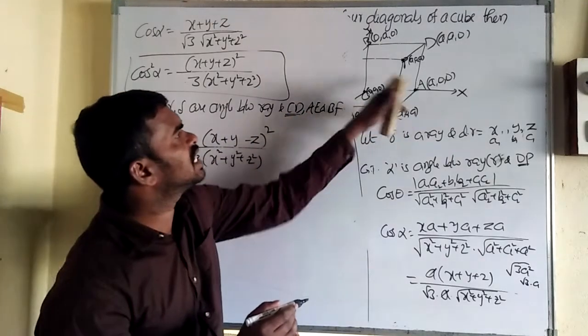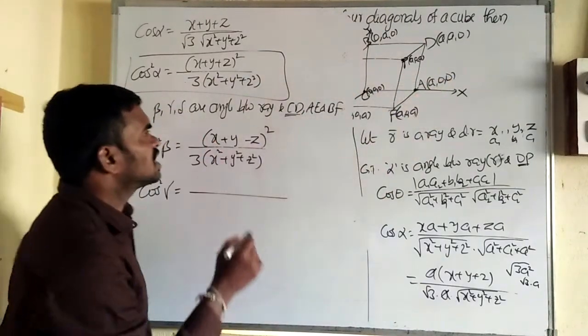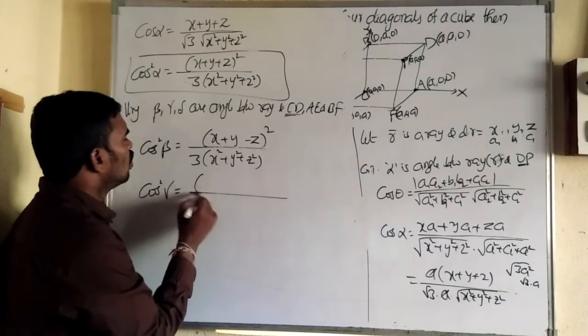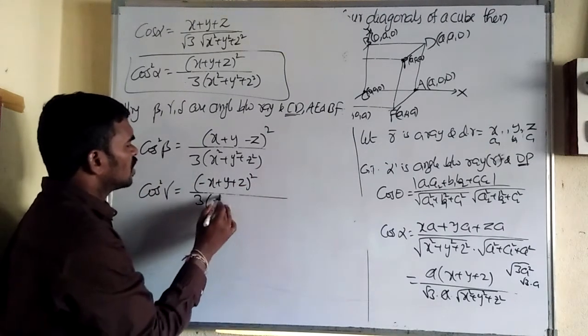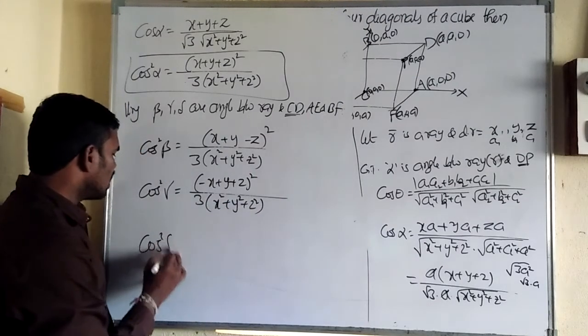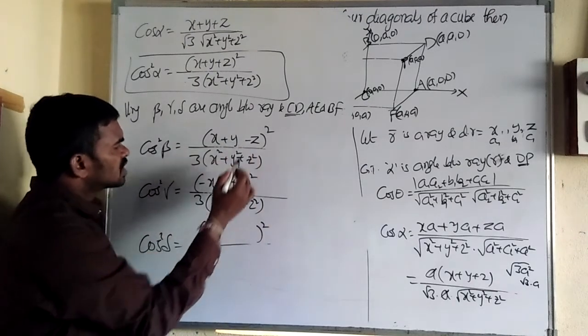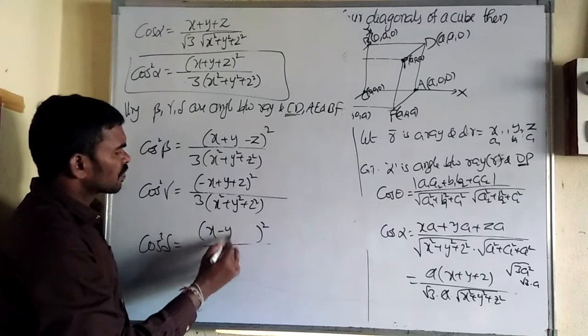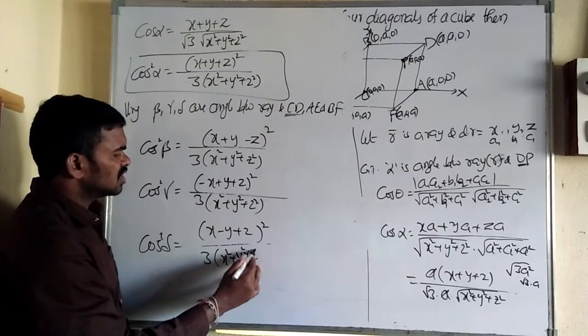AE means minus a, 0, 0 minus a plus a, so we get (minus x + y + z) whole square by 3 into x square + y square + z square. And finally cos square delta, similarly, with 3 into x square + y square + z square in the denominator.